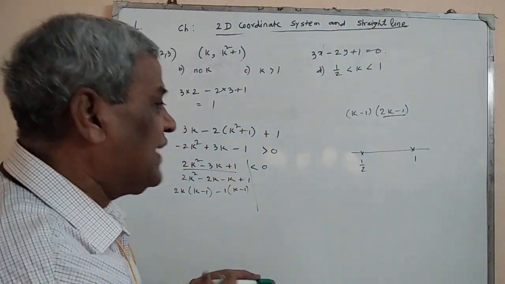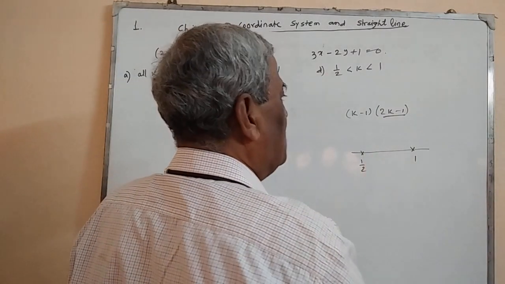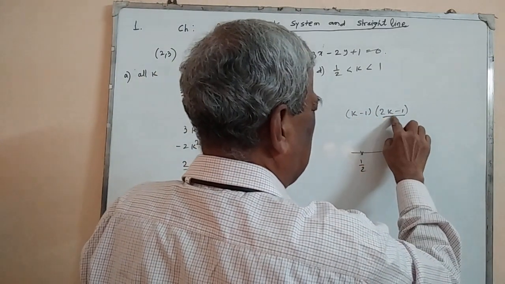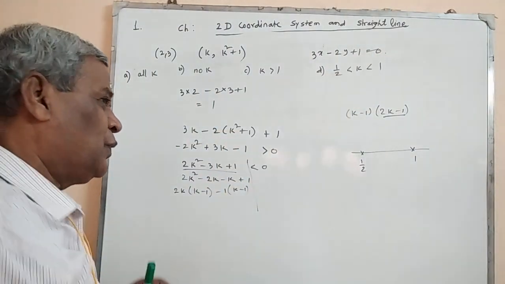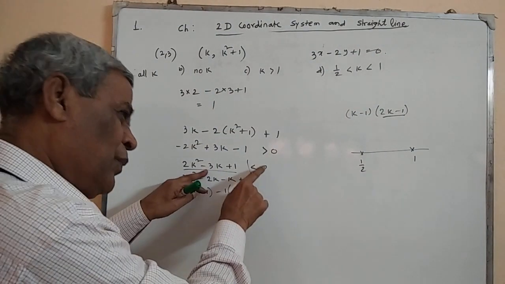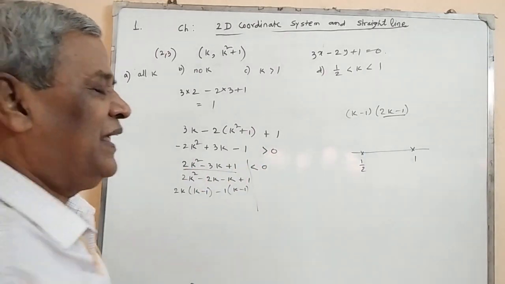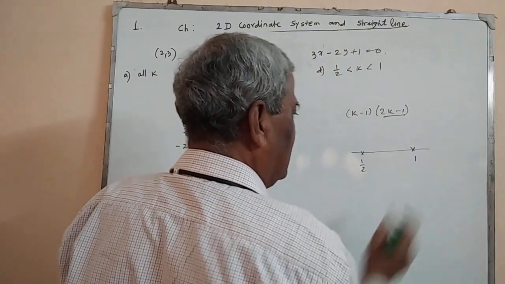If k is greater than 1, what would happen? This is positive, this is also positive. Both factors are positive, product is positive, so this is not satisfying the condition. Value of k cannot be after 1.